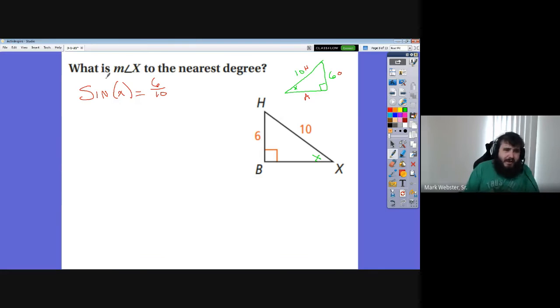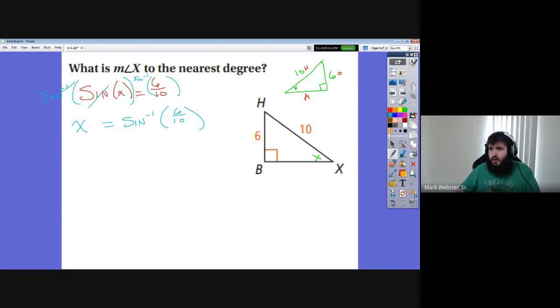Well, we've got something to cancel out for this, and we call it the inverse sine. So I'm going to take the inverse sine. This is the symbol that your book normally uses. I don't like this symbol, but we're going to use it anyway. So the sine and the inverse sine cancel out. What we're left with is inverse sine of 6 over 10. This is what's going to go into our calculator.